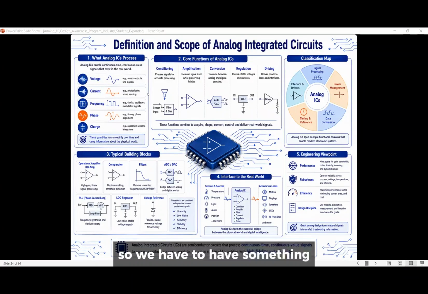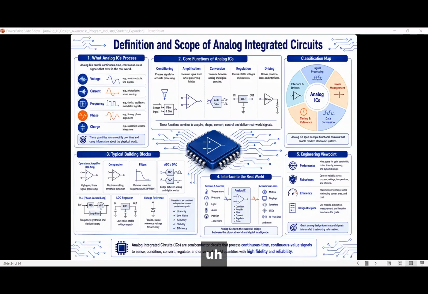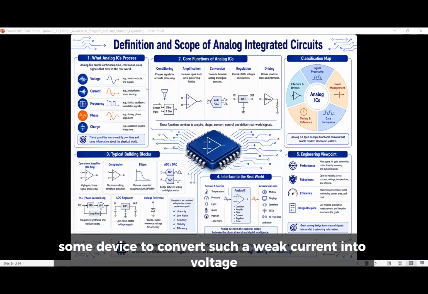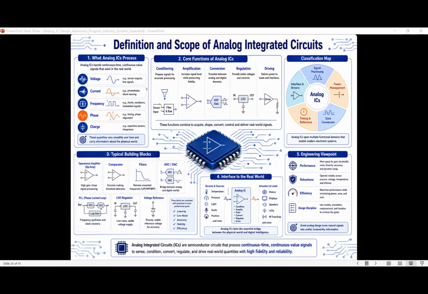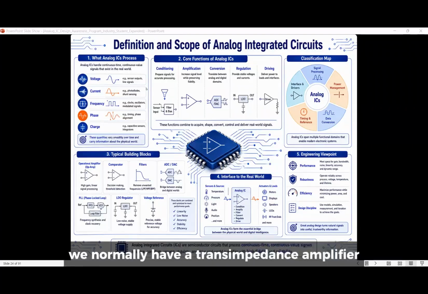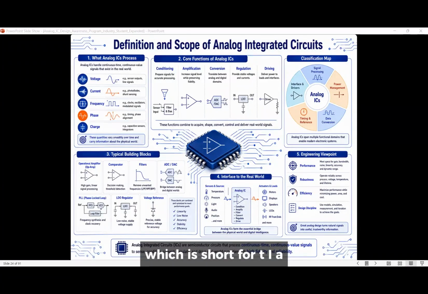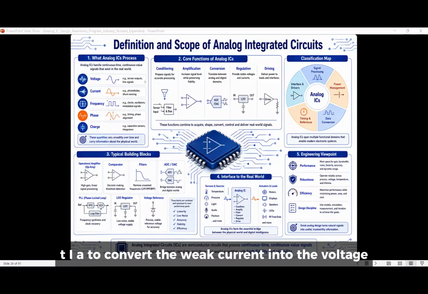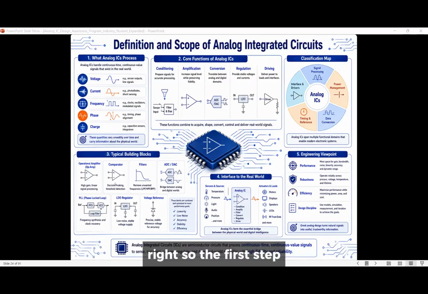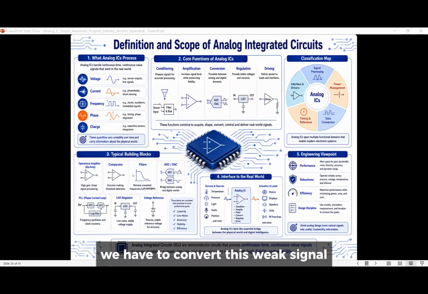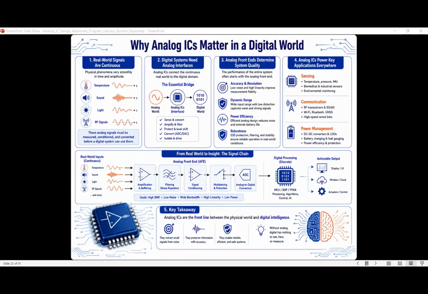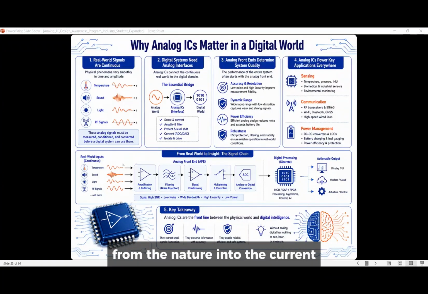So we need some device to convert such a weak current into voltage. So we normally have a transimpedance amplifier, short for TIA, to convert the weak current into voltage, right?